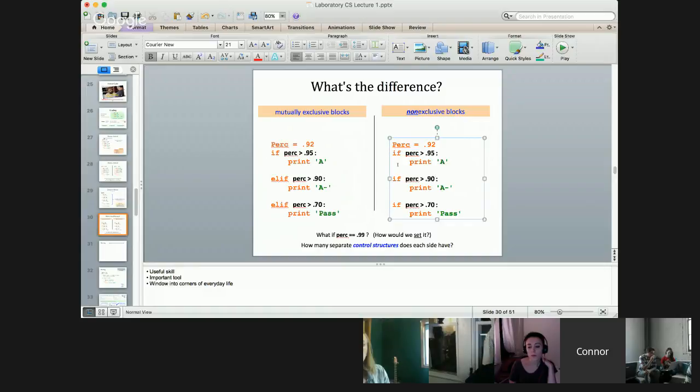But we're completely out of this control structure. No else, no elif. So we're just like, okay, time to run new code. So let's compare it. Perk greater than 90? Sure it is. So print A minus. Then no else, no elif, just a regular if. We're in a totally new control structure. So, is perk greater than 70? Totally. So we print pass. Does that make sense? Now, it will do both? Yep. It'll print out an A minus and then pass.